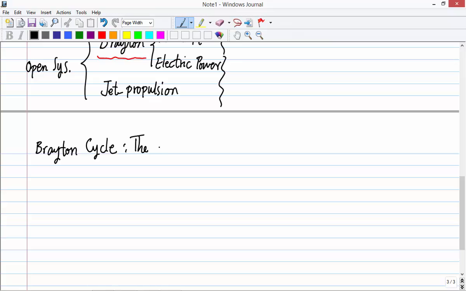The Brayton cycle is the ideal cycle for gas turbine engines, as I addressed before, like in aircrafts or in electric power plants. So again, let me repeat this. We are talking about a power cycle.